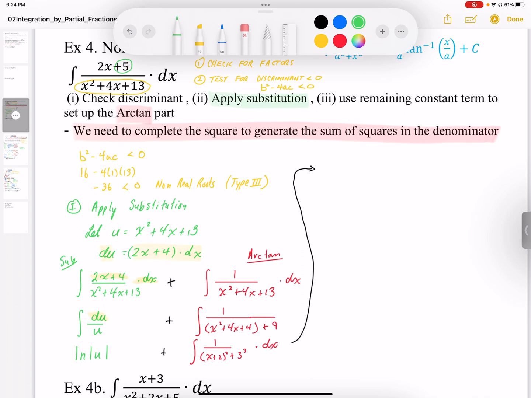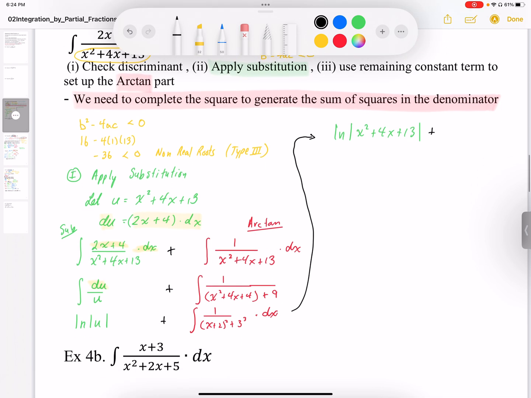Finishing it up here. The left part becomes log u. I'm going to replace the u with what I substituted u with, x squared plus 4x plus 13. There's a u part. Plus, now I can anti-differentiate the red part here.